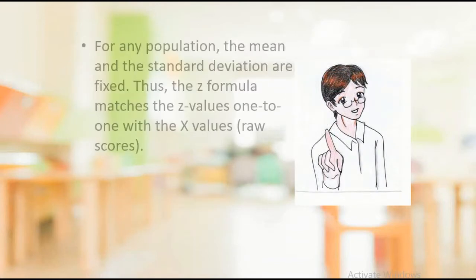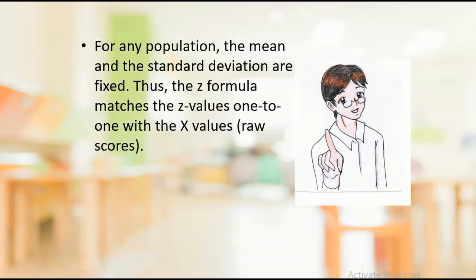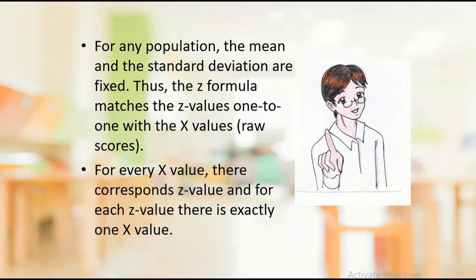For any population, the mean and the standard deviation are fixed. Thus, the z formula matches the z values one to one with the x values or the raw scores. For every x value, there corresponds a z value, and for each z value, there is exactly one x value.